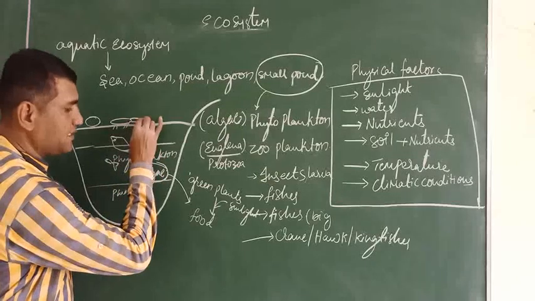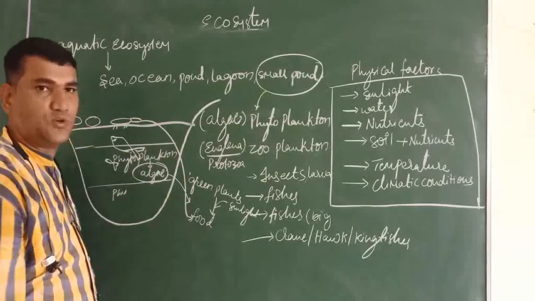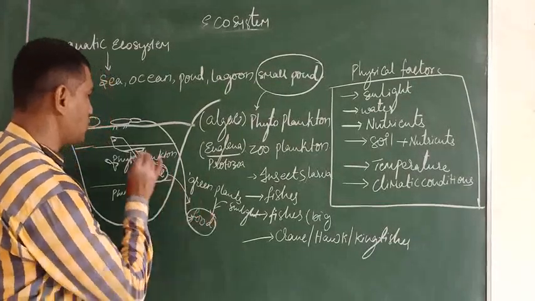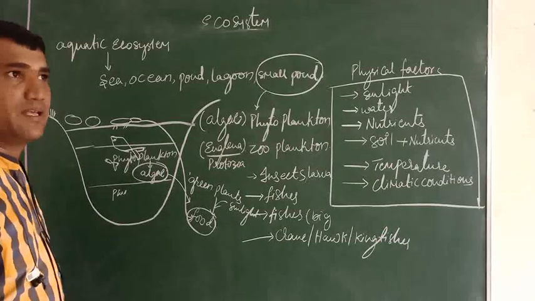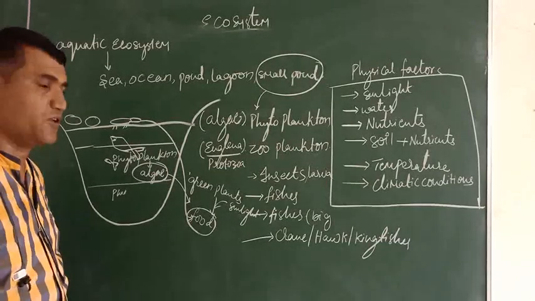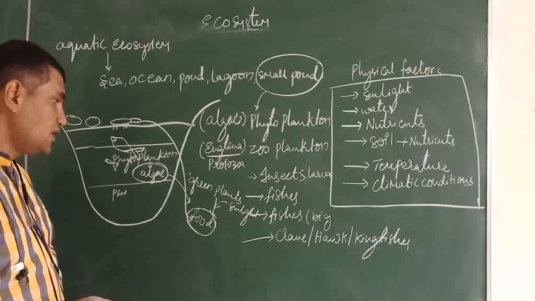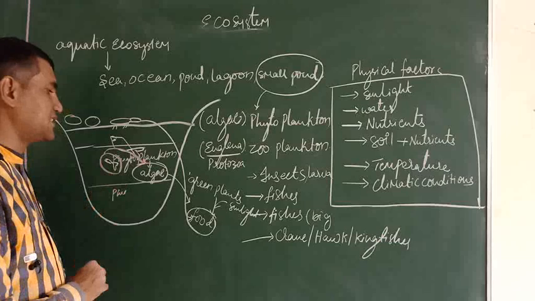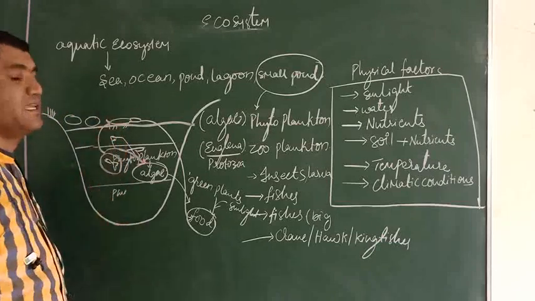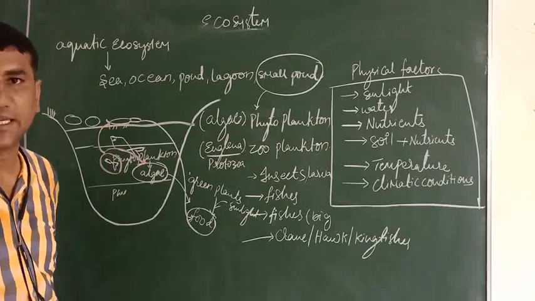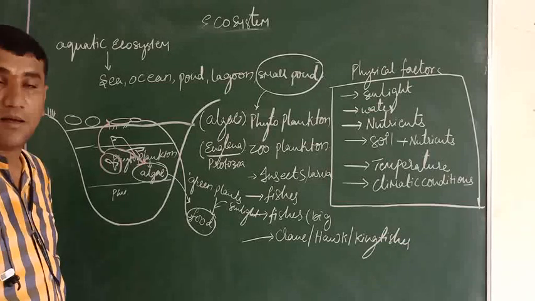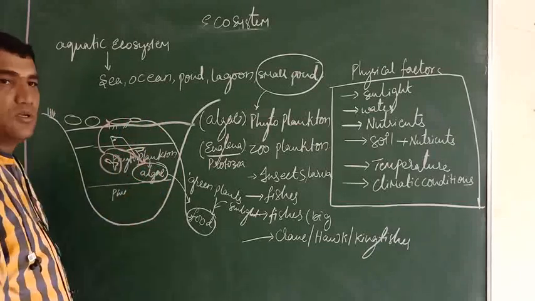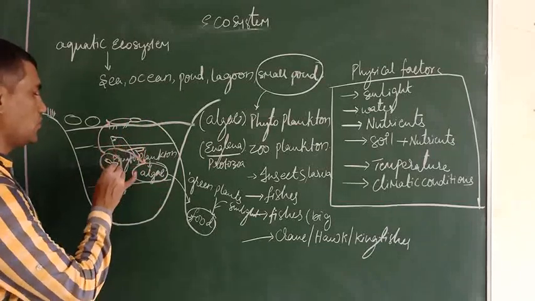But certain insects will take this food. The insects also store the food for the future, but the fishes are not getting much food, so they depend either on the algae or on certain insects, based on whether they are insectivorous or herbivorous.